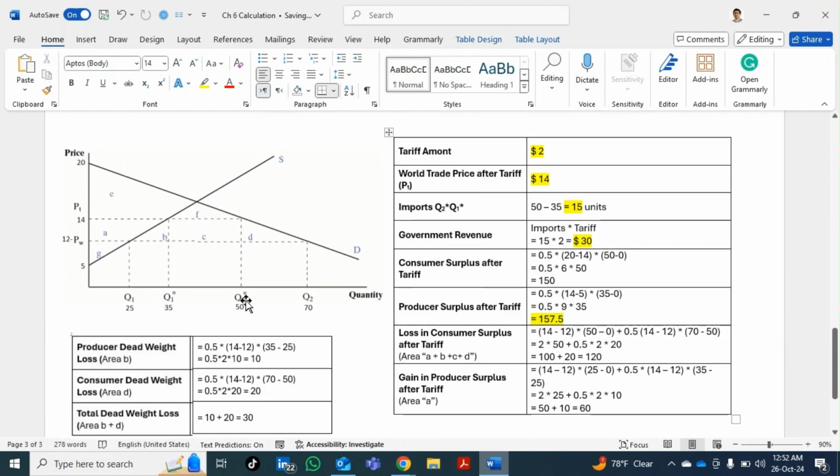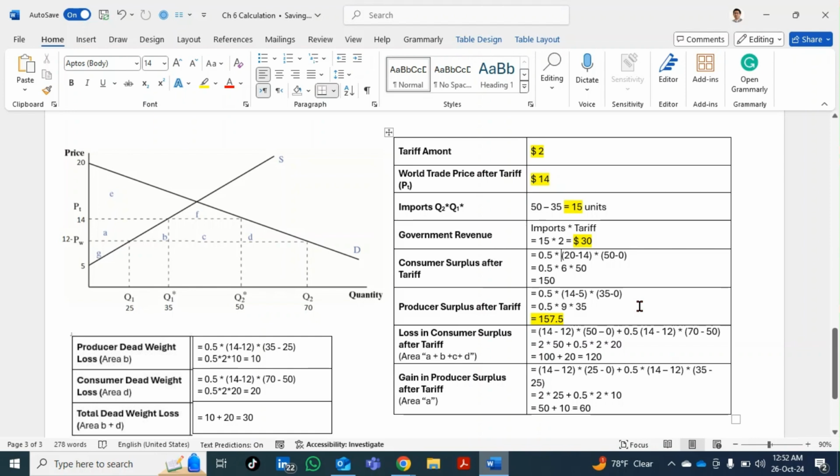Similarly, if we look at the consumer surplus, now the area between 20, 14 and 50 is the new consumer surplus. How will we calculate the new consumer surplus? Again we start with 0.5, multiplied by the difference of the price.